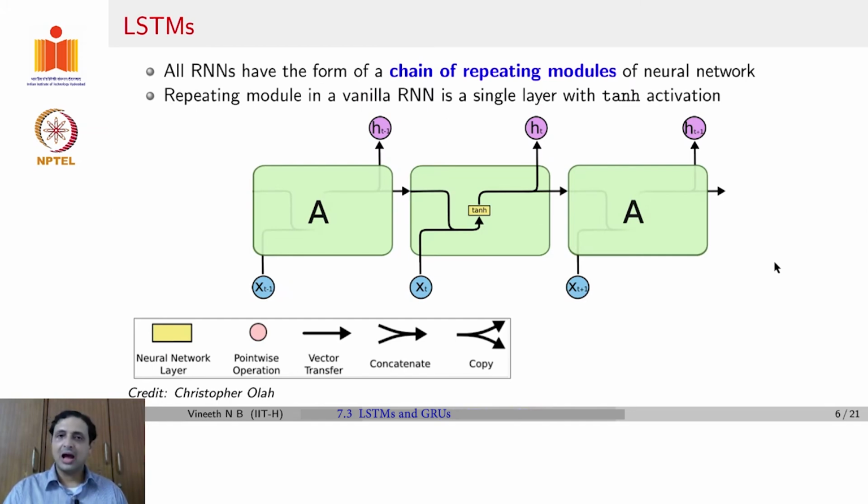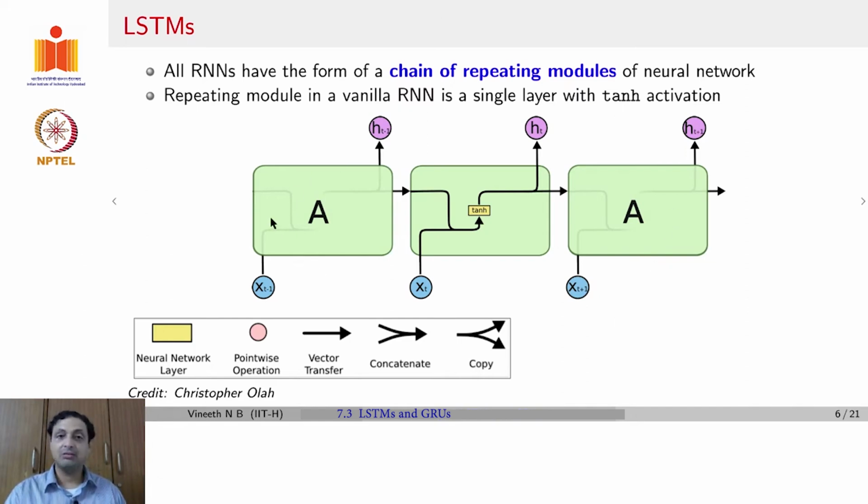An RNN has a general form of a chain of repeating modules. If you took a vanilla RNN, the repeating module is perhaps a single layer with a tanh activation function. As we said earlier, it can also be not just a single layer but 2-3 layers, but that would be the repeating block that is applied to the input at each time step.